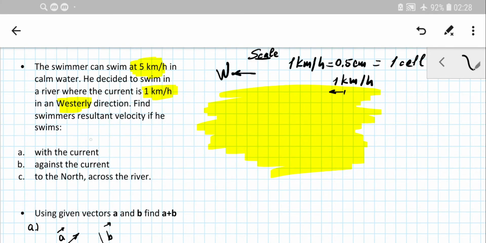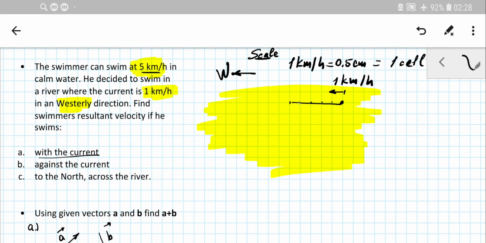And we have first the swimmer swimming with the current. So it means we set up the swimmer, and it's here, and the vector corresponding to 5 km per hour. So we need to count 5 cells, right? So 1, 2, 3, 4, 5.